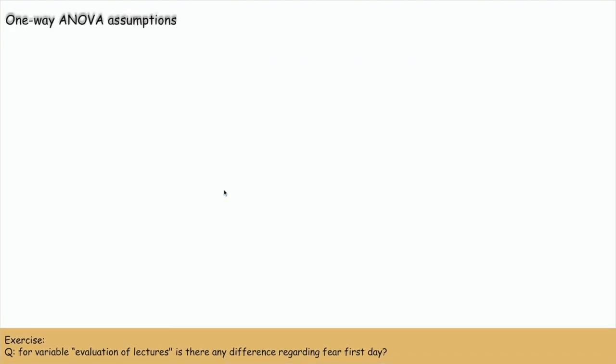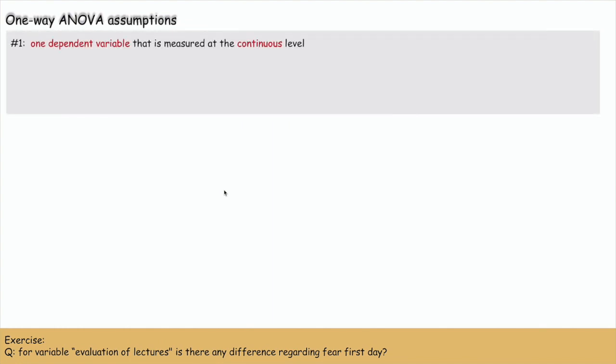Let's look at the assumptions that we need to know about this one. The first assumption is we have one dependent variable that is measured at the continuous level. Okay, check it, and then we have it. One independent variable that consists of three or more categorical independent groups. Okay, we have this one as the evaluation of the lecture.